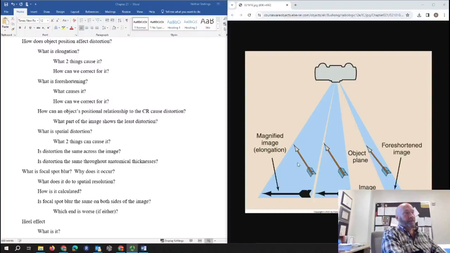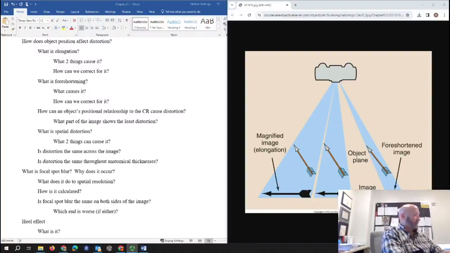So the reason this is elongated, even though we've got an angulation between the object, the arrow, and the image receptor where the shadow is projected, is because of the angulation that's coming out of the divergent central ray. This side is also divergent, but it's divergent to make it more parallel to the arrow, which gives us our foreshortening.